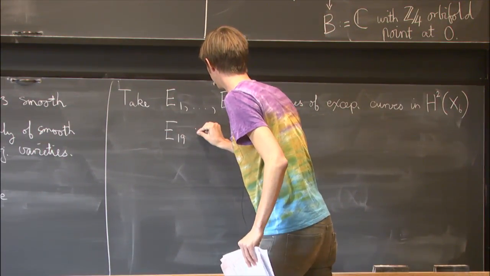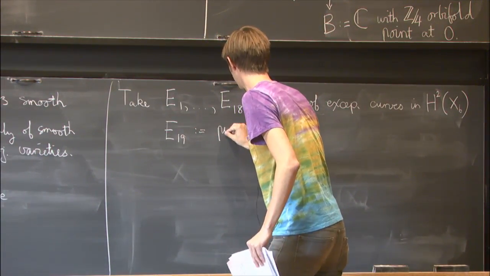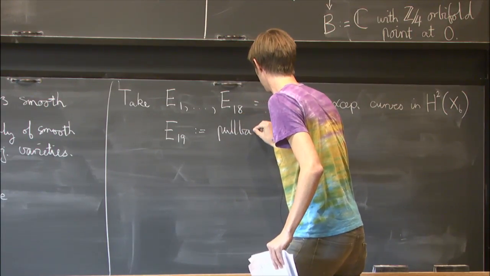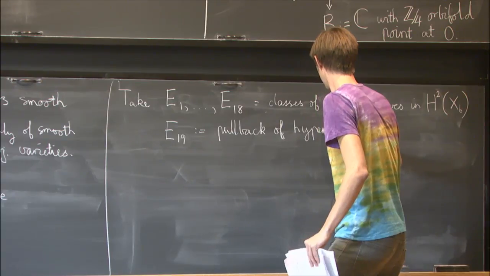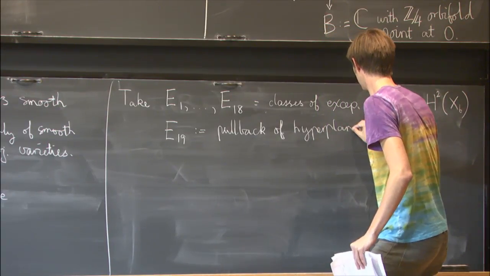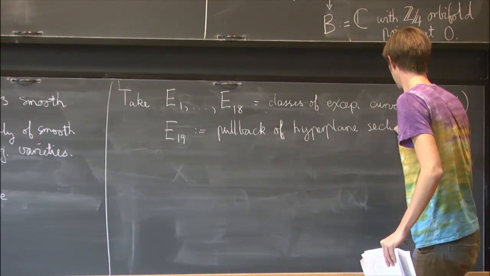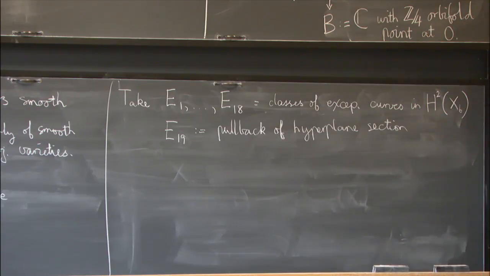We have another divisor E19, which is the pullback of the hyperplane section. That also has a class in H2 of X_B.